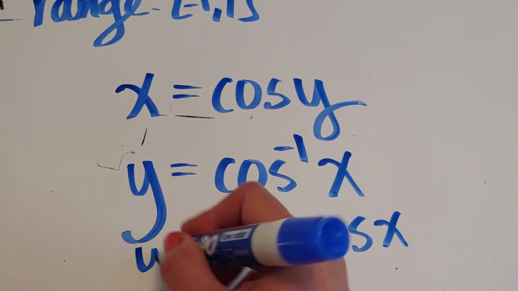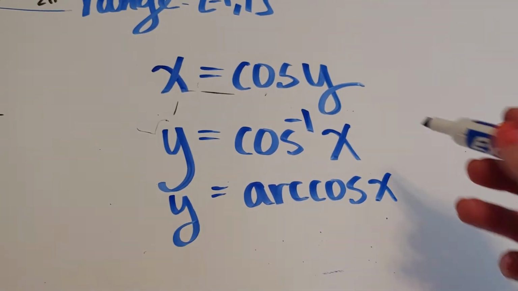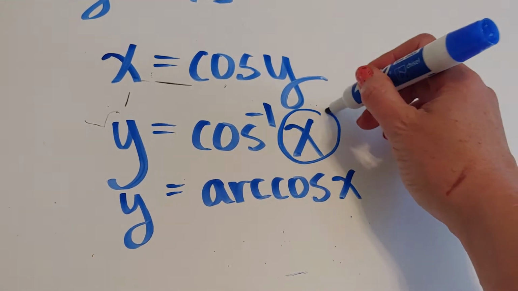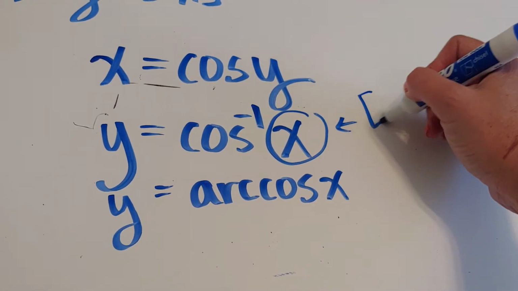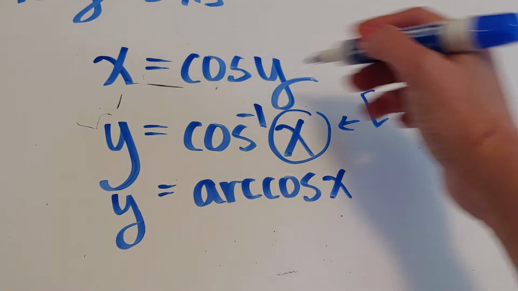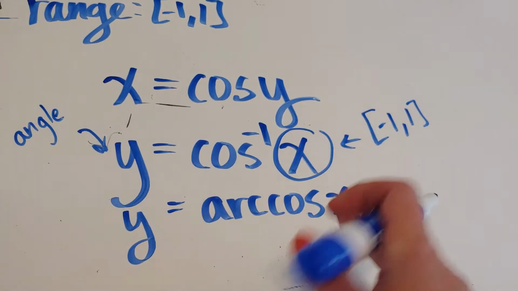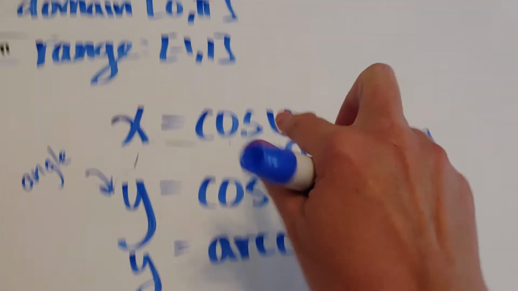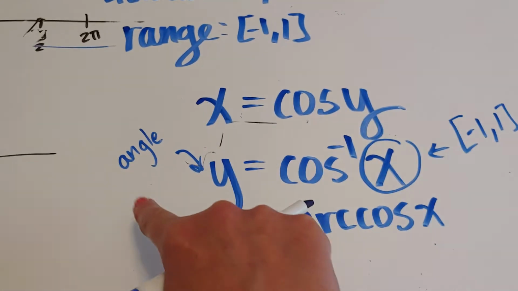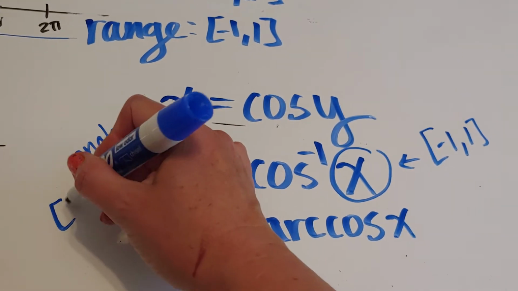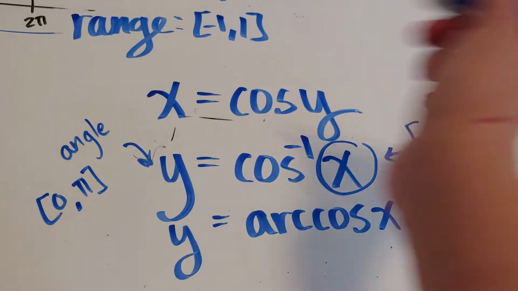How this works is similar to sine inverse. We are going to plug in a number between -1 and 1 for x, and what we're going to get out is an angle. Again, because we cut it from 0 to pi, those angles we get back out are between 0 and pi.